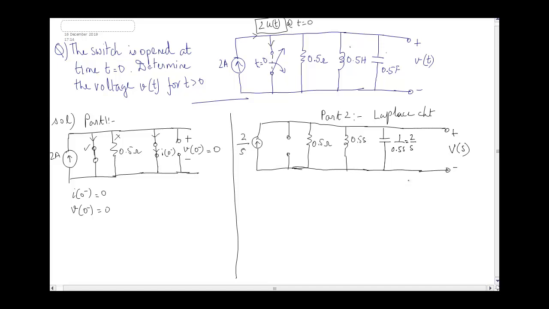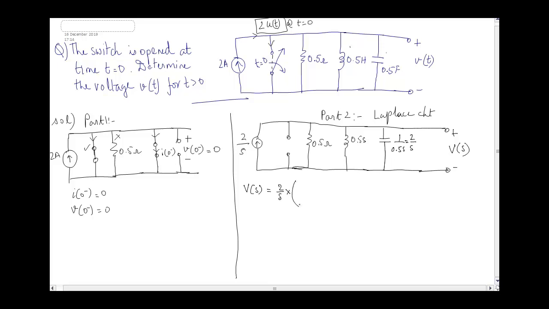Now it's very simple, because V of s will be the current through the parallel combination multiplied by the impedance. The current is 2 by s.